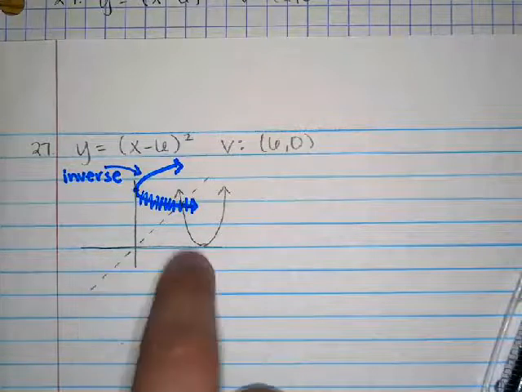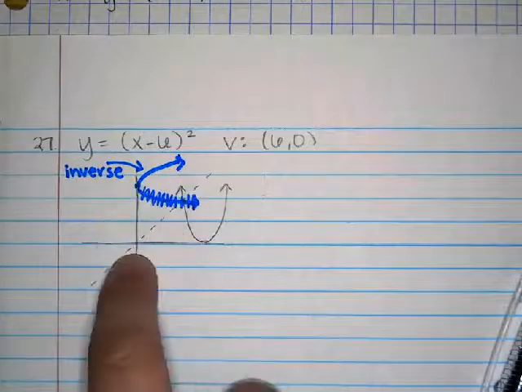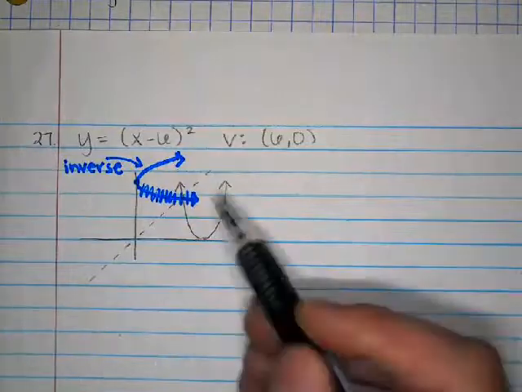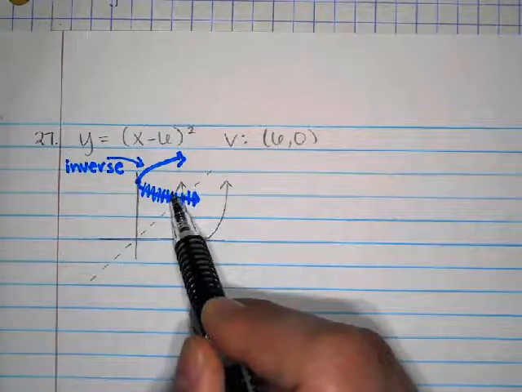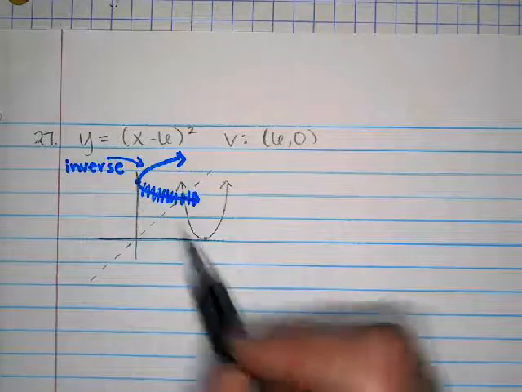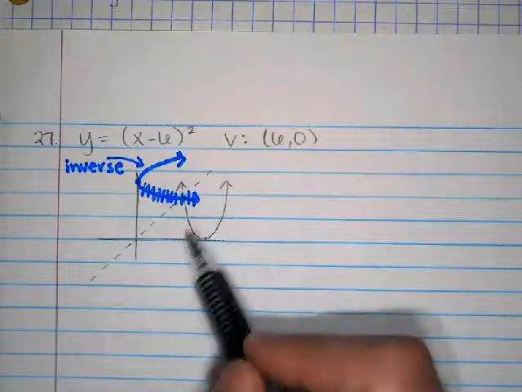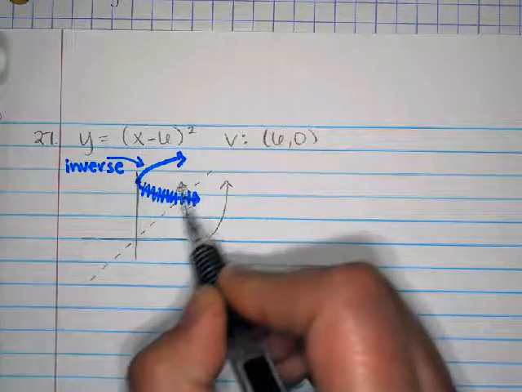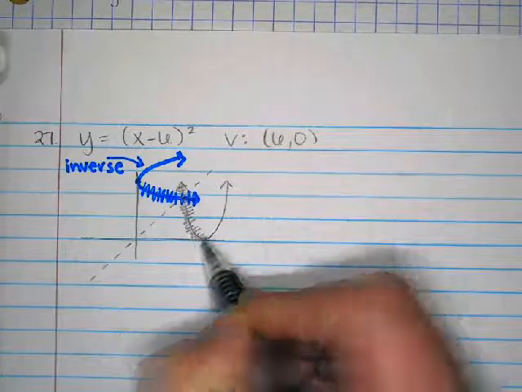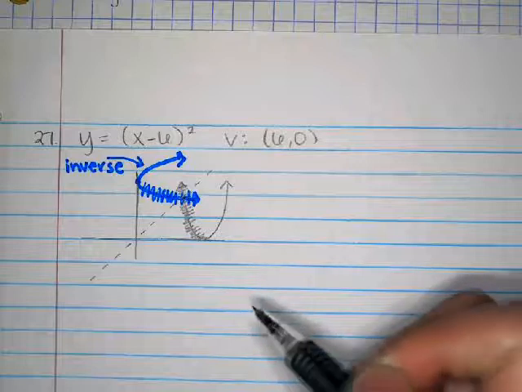Oh, you're not rotating it, you're folding it. So this part went over here, and this part went right here. See how we're folding it, we're reflecting it, we're not rotating it. So the part that we get rid of is this part. Does that make sense? Okay.